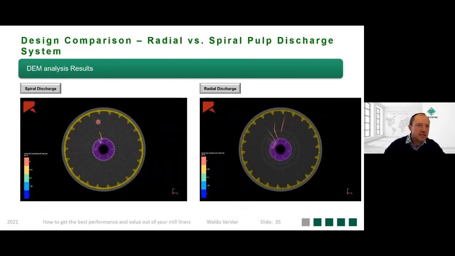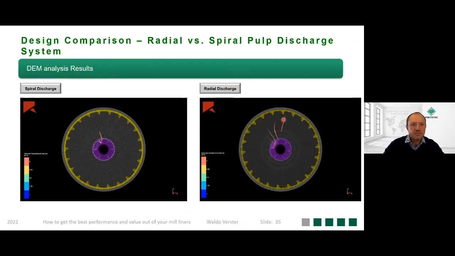So guys, as you can see, a direct comparison between the spiral and the radial design. For the spiral, when the material is in the 11 o'clock position, it's already in contact with your central discharger. There's a very low probability of material flowing to adjacent pulp lifters, so it is more efficient compared to a radial system.